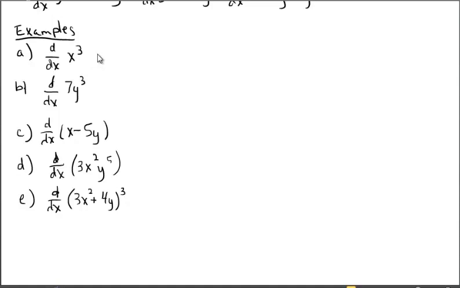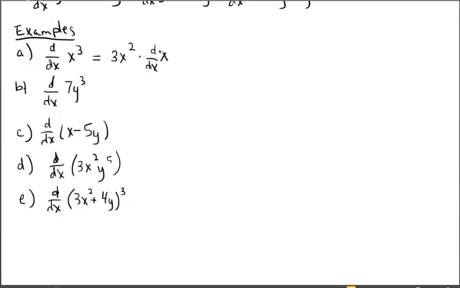Okay, so let's go ahead and start with example A. Rate of change of x cubed with respect to x. Variables agree. Simple power rule, 3x squared. I could, if I wanted to, multiply by the derivative with respect to x of the inside function, which happens to be the letter x.